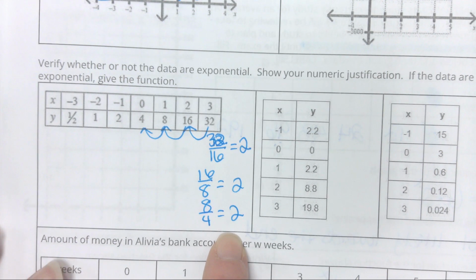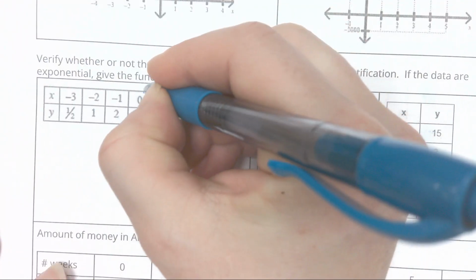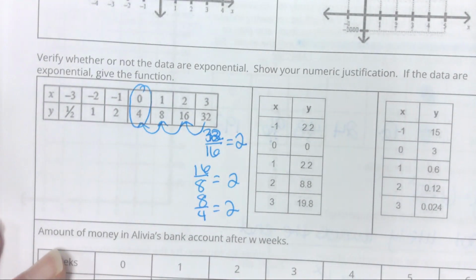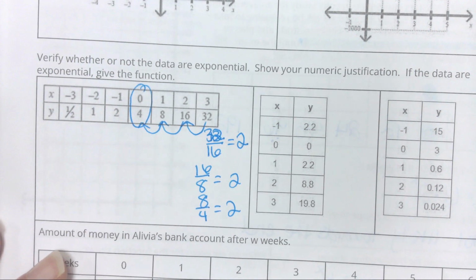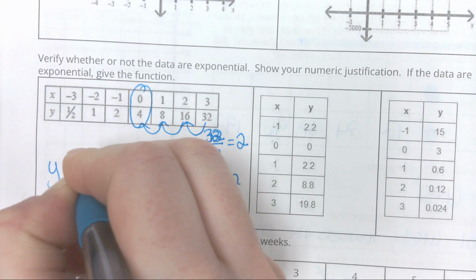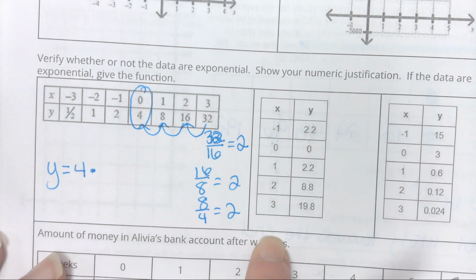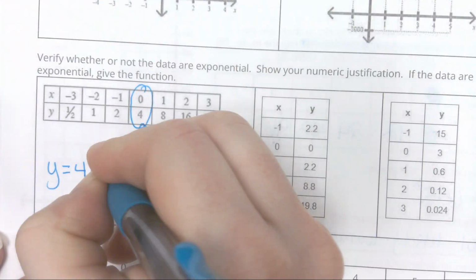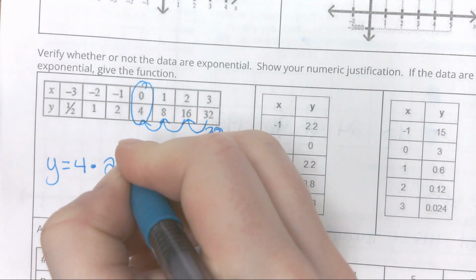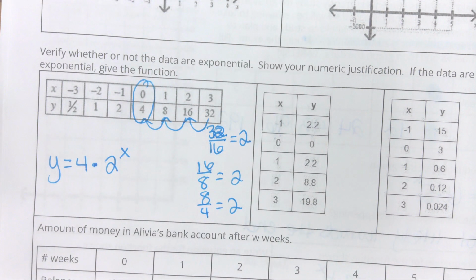Where is the initial value when x is 0? Would you circle it in the table? Okay. So my equation is y equals 4 times, and you found the multiplier because you found what they were being multiplied by. 4 times 2 to the x. Okay.